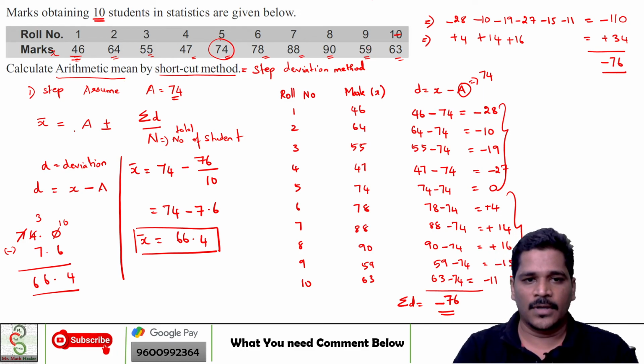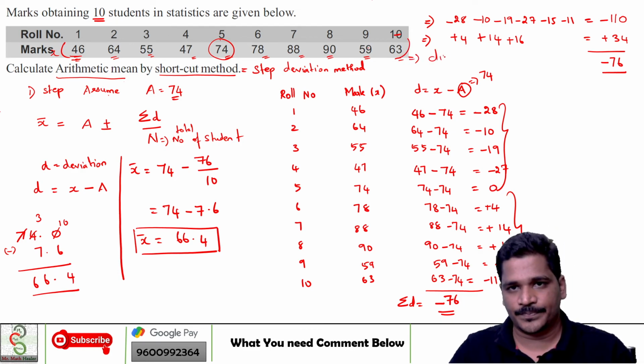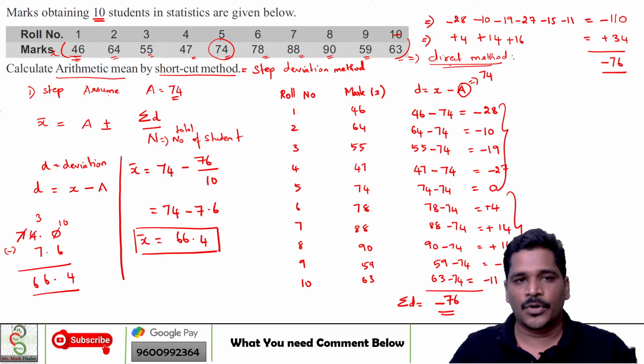If you feel unsure whether it is correct or not, you can cross check by solving the same problem with the direct method. But only for checking purposes, because in the question itself they clearly mention that you have to solve it by the shortcut method or the step deviation method. If they ask you to solve by this method only, then do so.